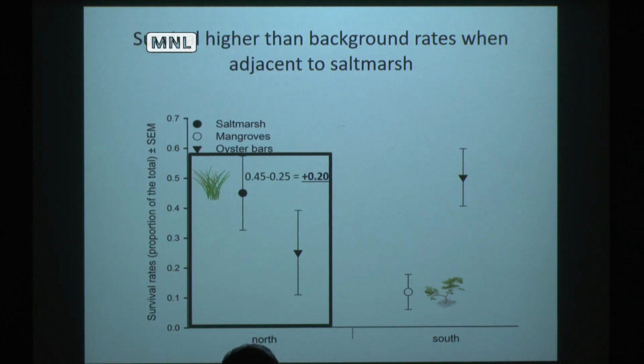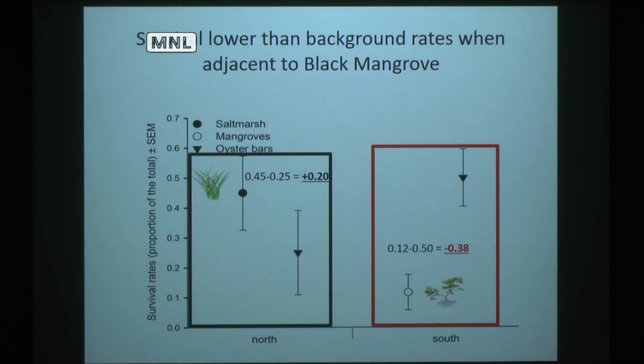Survival of juvenile oysters was higher than background rates when oyster reefs were adjacent to salt marsh grass, while survival rates were lower when adjacent to black mangroves. The reasons behind these patterns are unclear, but they could include that there may be a predator associated with black mangroves, which may have easier access to these adjacent oyster reefs.